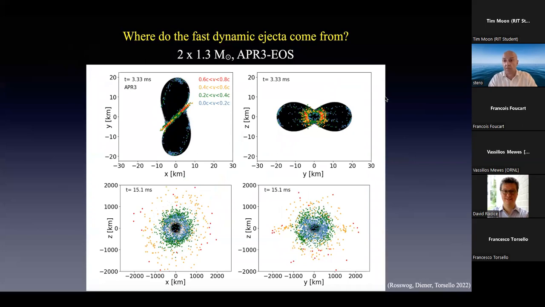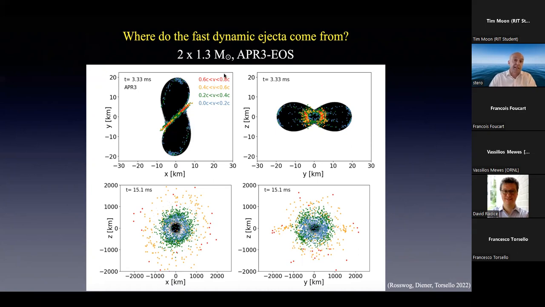And this is now from the latest paper that we had out just a couple of weeks ago. What I've done here for this particular APR3 equation of state is, at the end of the simulation, I've identified the particles that are unbound, and I've binned them into those velocity bins from blue to red. This is slow, and this is between 60 and 80% of the speed of light.